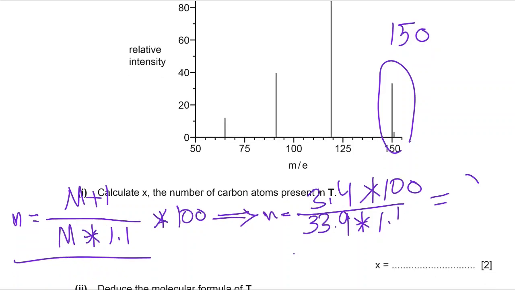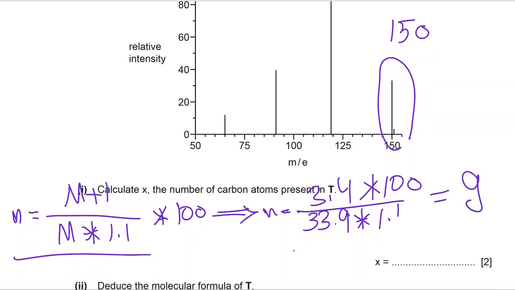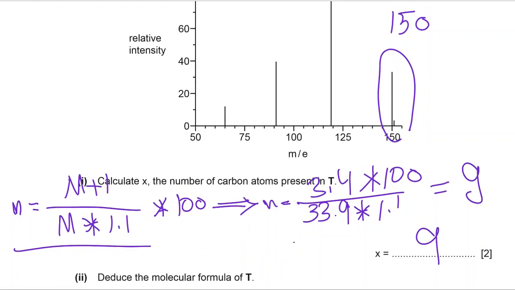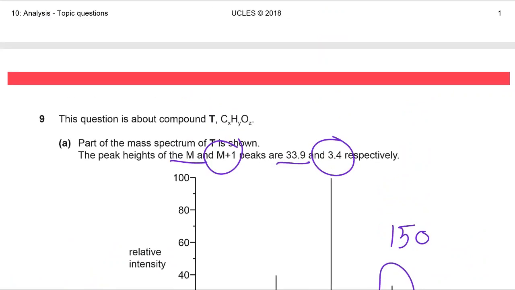This will give us 9. So the number of carbons is 9, so here we have C9.